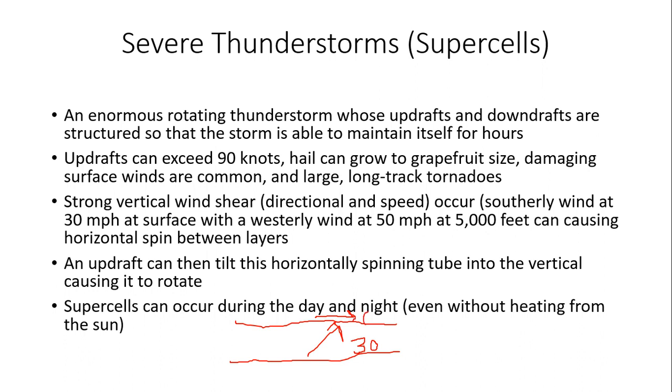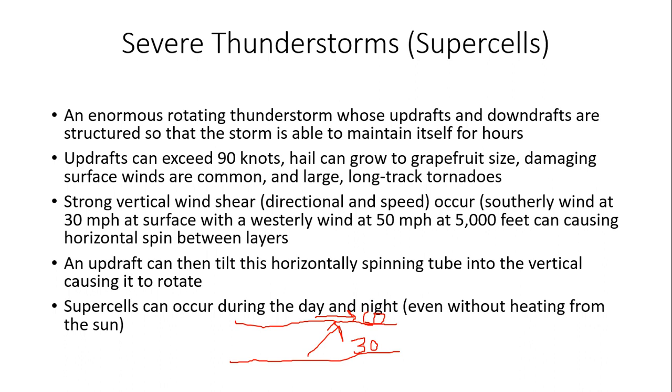That's 60 knots at 5,000 feet or 850 millibars. So anytime I get an updraft through this kind of turning of wind direction with height and speed, in this case, I have both wind directional shear as well as wind speed shear. I'm going from 30 knots at the surface to 60 knots at 5,000 feet above the ground.